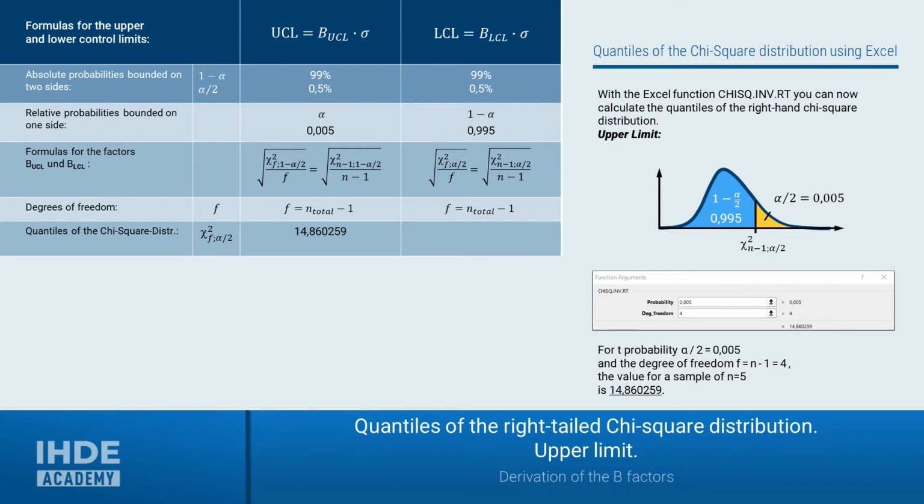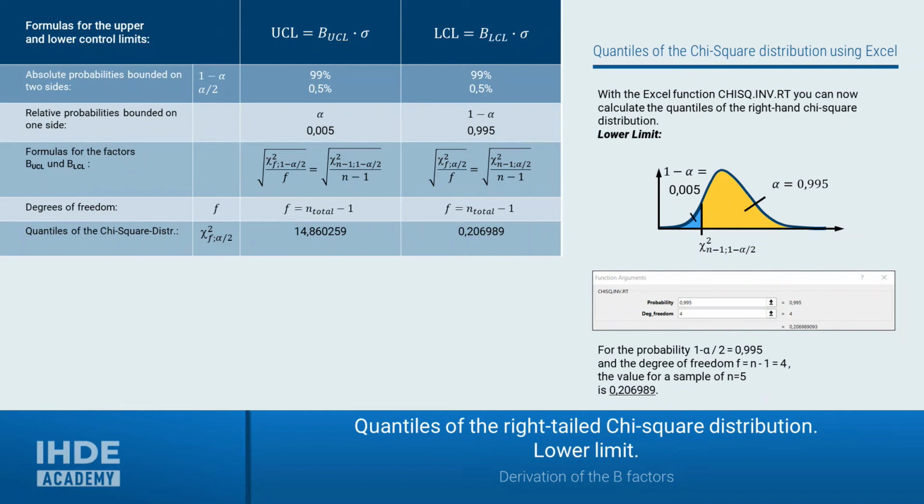The Excel function for the right-tailed chi-square distribution requires 2 values. First, in the probability field, the probability of alpha, here 0.005, and the degree of freedom value. For a sample size of 5, this value is 4. This results in a value of 14.86 for the quantile.